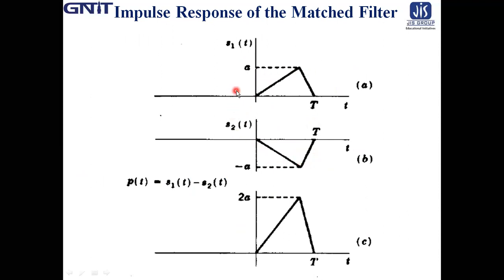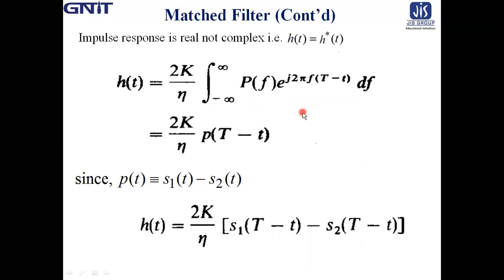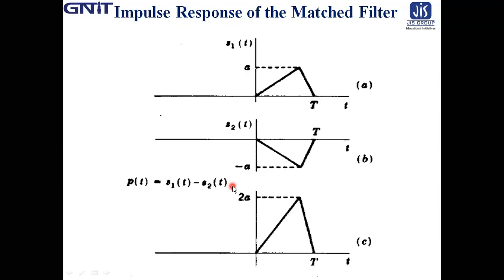What is the impulse response of the matched filter if we apply these two pulses for s1(t) and s2(t), with amplitude A and minus A, holding for the time duration T? First you have to calculate p(t), that is s1(t) minus s2(t). So the overall amplitude is 2A, and this is the waveform of p(t).